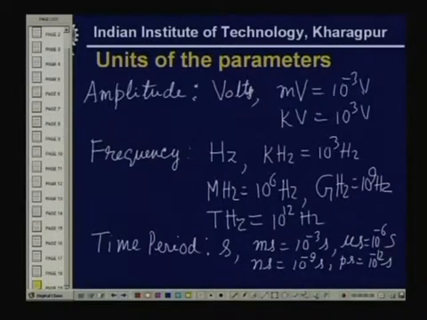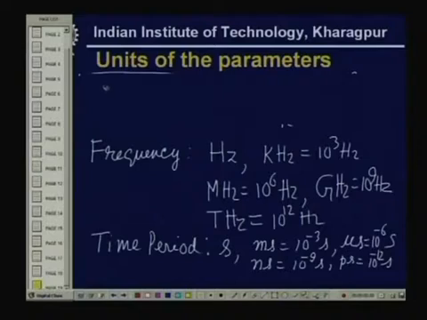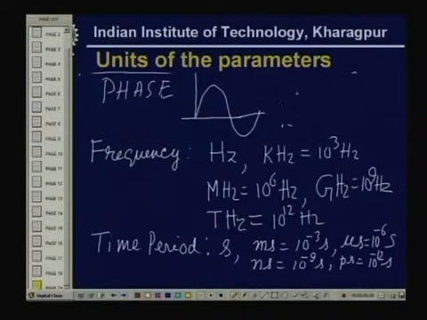Similarly, we can have units for phase. Phase, we have seen, within one cycle can vary 360 degree. So from here to here, this is 90 degree, this is 180 degree, this is 270, this is 360.